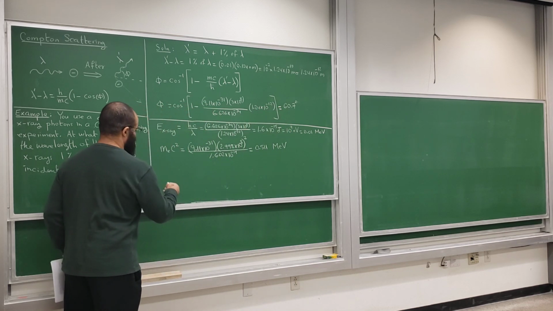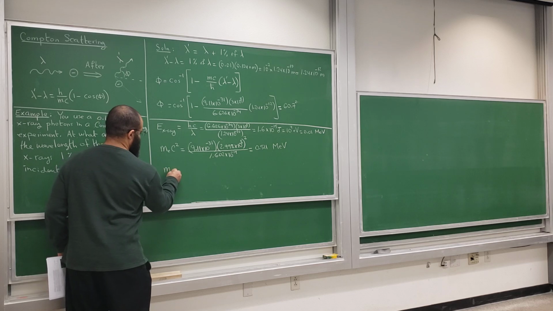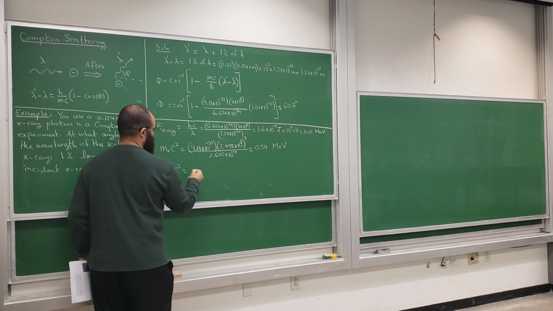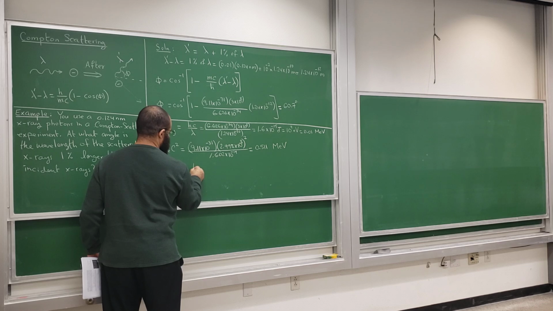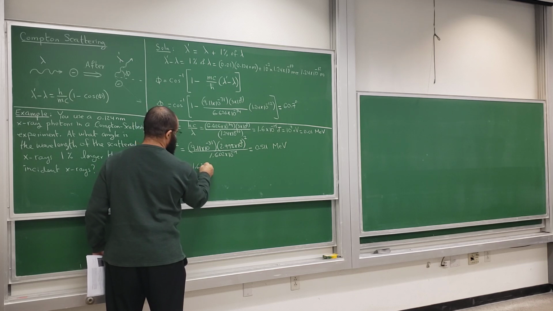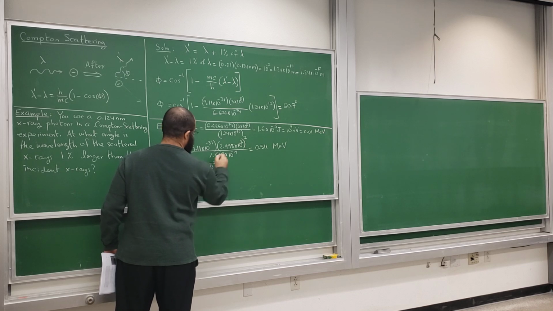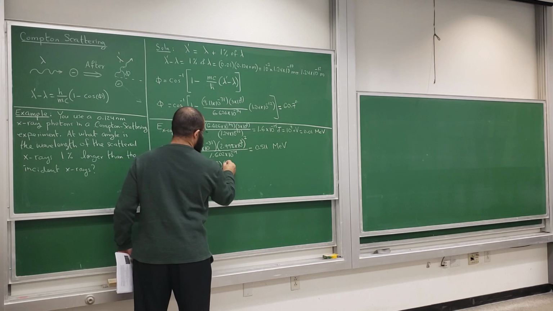How about the proton? Well, it would be the mass of the proton times c squared. It would be even bigger. Mass of the proton is about 1.67 times 10 to the minus 27. And then the rest is going to be the same, times the speed of light squared.